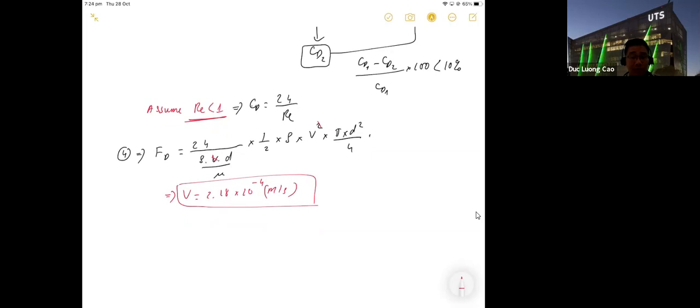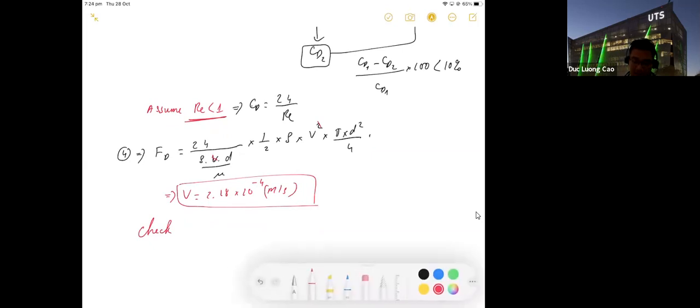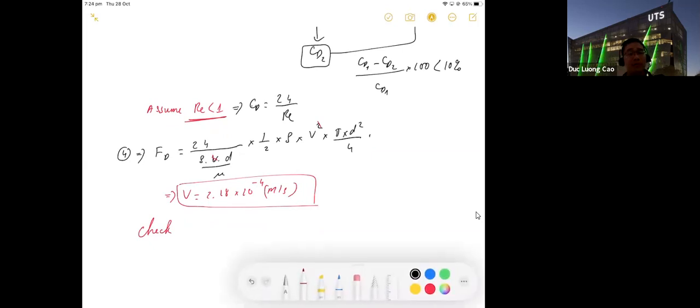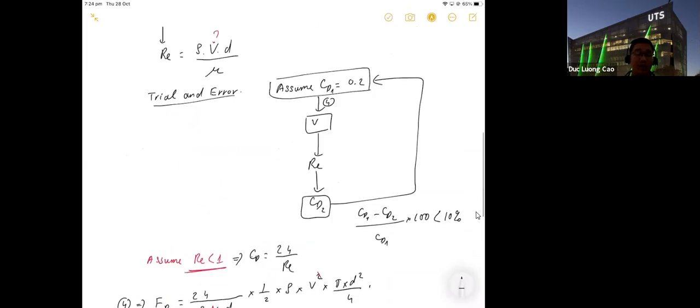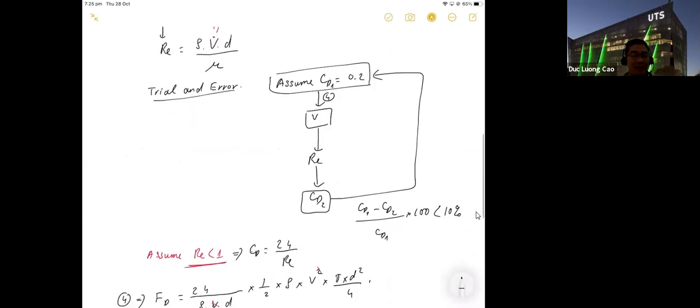So after you have the velocity, you have to check the Reynolds number. If it is smaller than 1, the assumption is correct. But if the Reynolds number is higher than 1, this one is wrong, and you try the trial and error method.